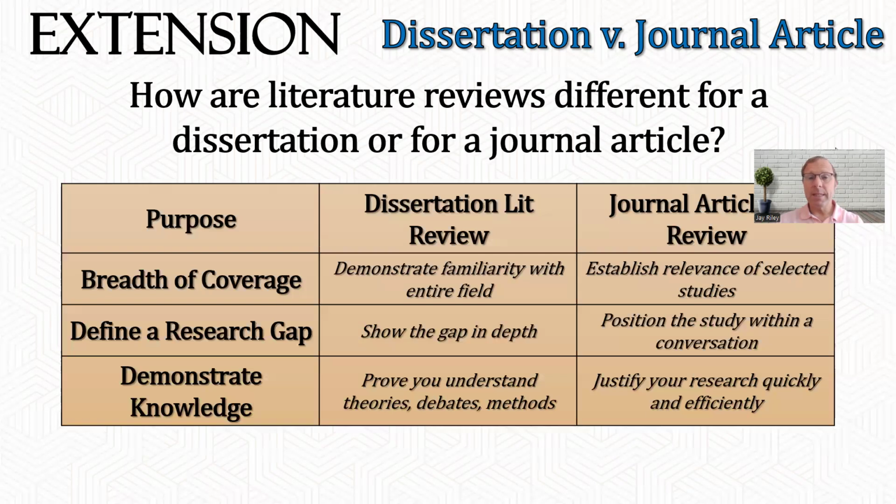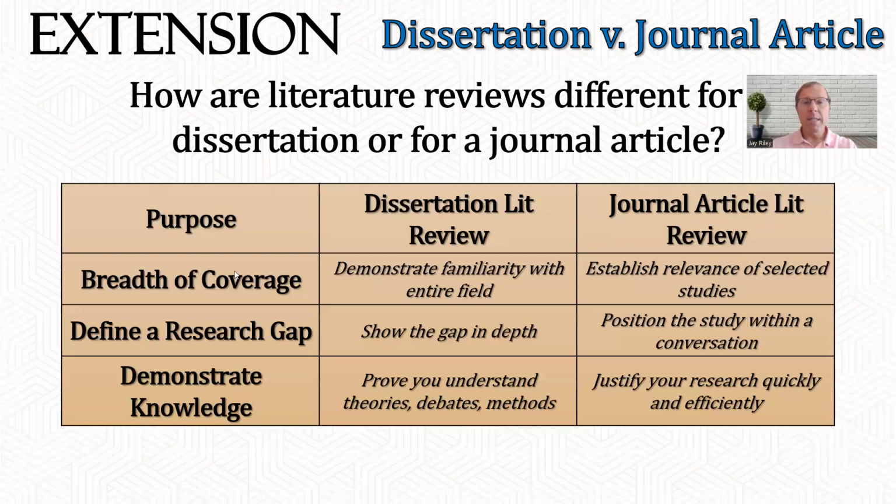When we take a look at this table here, we can see that when we're writing our dissertation, we want to demonstrate familiarity with the entire field. Whereas with a journal article, remember, you're writing within the constraints imposed upon you by that journal.